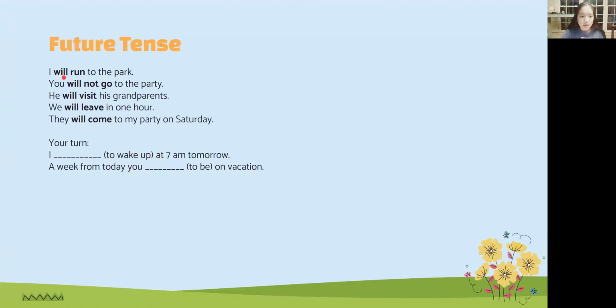You see how in all the examples, there's will run, will not go, will visit, will leave. So then here you say you will be. Can you say that? Will be. Exactly. So a week from today, you will be on vacation. Very good. Good job, Nana. That's exactly how you do it.